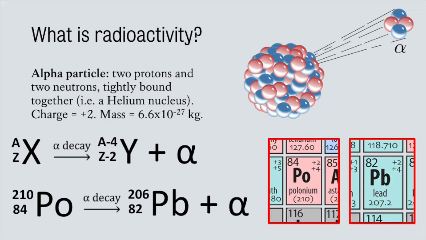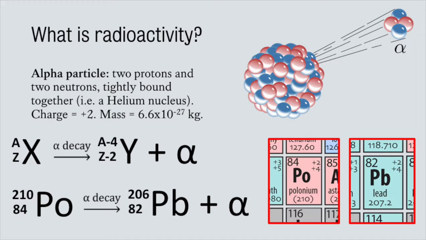The unique element that contains 82 protons in its atomic nucleus is lead, and that's what I've written down here in the equation. So polonium-210 decays via alpha emission to lead-206. This is an example of a very nice and simple alpha radiation decay chain. I've also included a little screenshot of the relevant part of the periodic table for you.